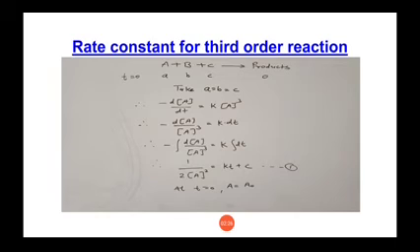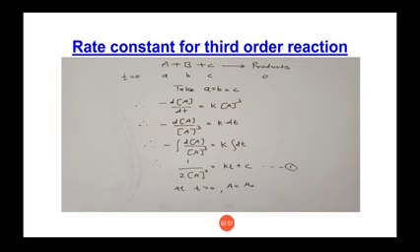Today I am giving you the solution of the most important question, that is rate constant for third order reaction. The question can be asked as: derive the expression of rate constant for third order reaction. So students, in this theory we have to prove the equation of rate constant.